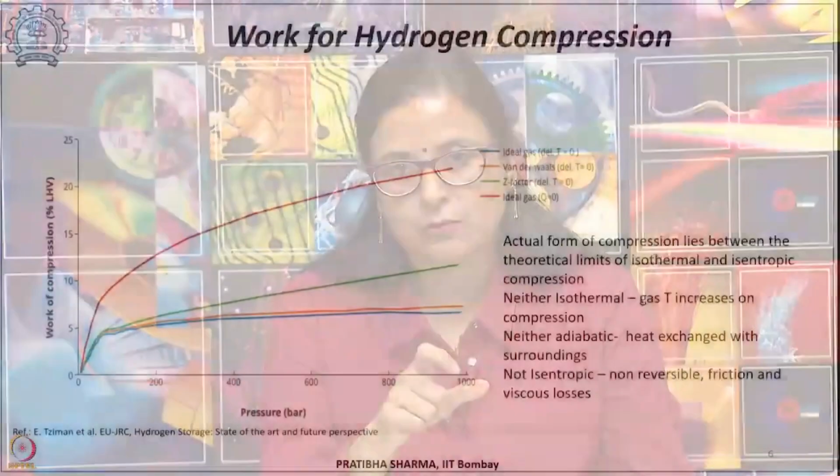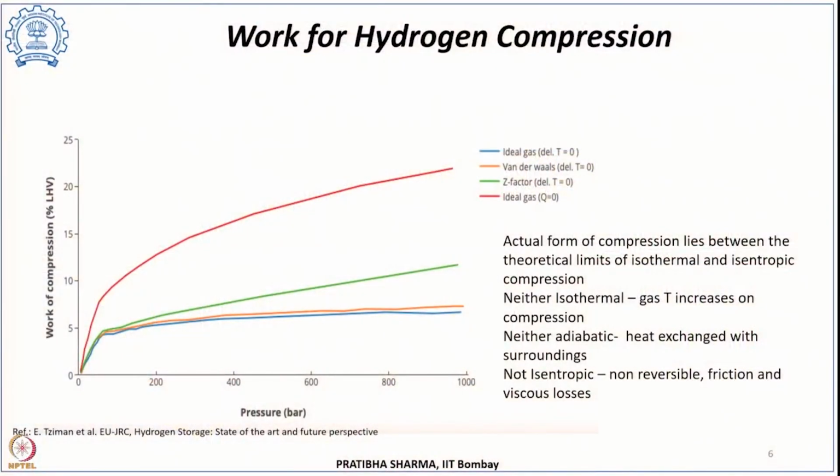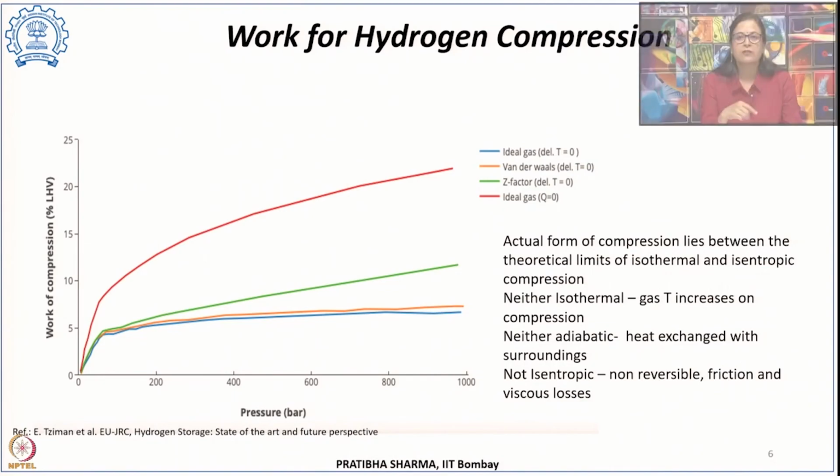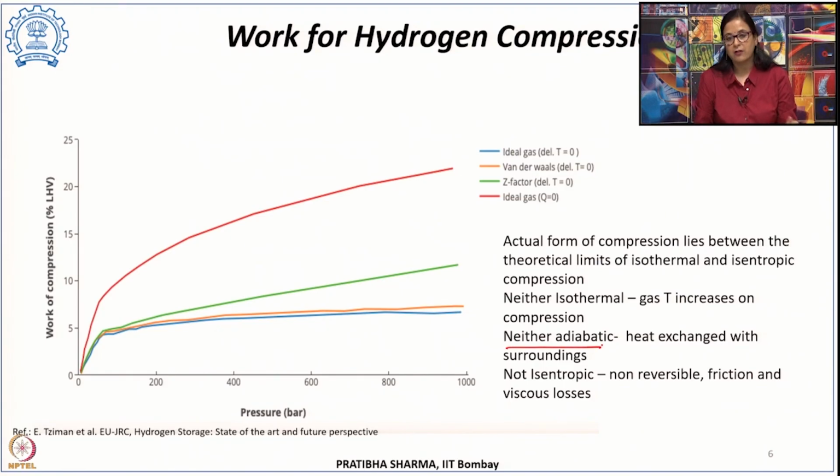So, the actual process of compression is neither isothermal, the reason being, as we compress, the temperature of the gas increases on compression. So, we cannot keep it isothermal, neither is it adiabatic because there will be heat exchange with the surroundings, neither is it isoentropic because in an isoentropic process the process is considered to be reversible, but the actual process is a non-reversible process.